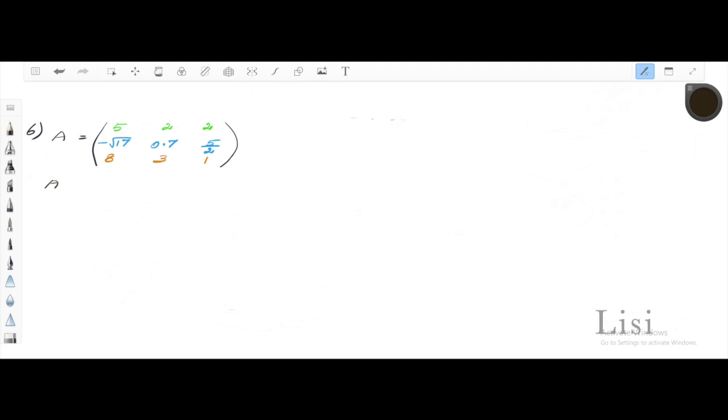Now A transpose. First we'll find what is A transpose. That is equal to, so your rows will become columns, isn't it? So green color can be written 5, 2, 2.